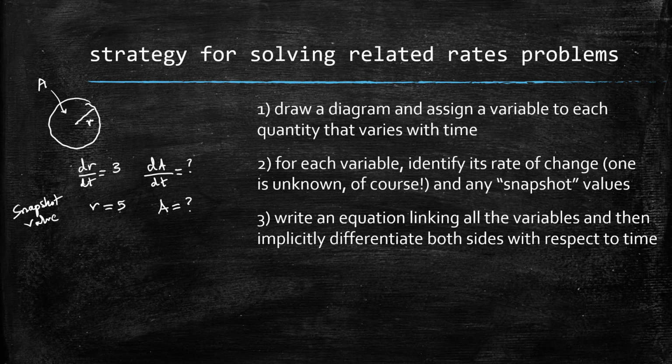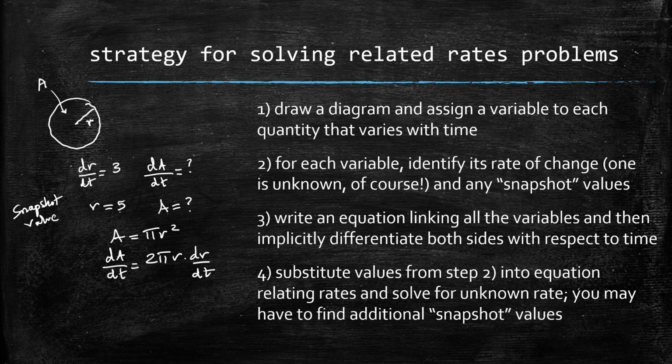So we only have 2 variables, and we know that the equation linking them is A equals pi r squared. And then we did implicit differentiation, and we got this 2 pi r times dr by dt. So that's step 3. And then the final step, only in the final step do you actually plug in the values you know and any snapshot values.